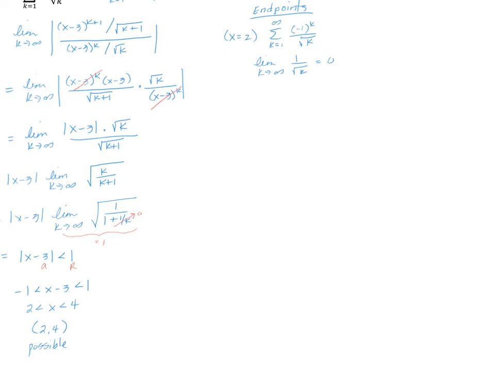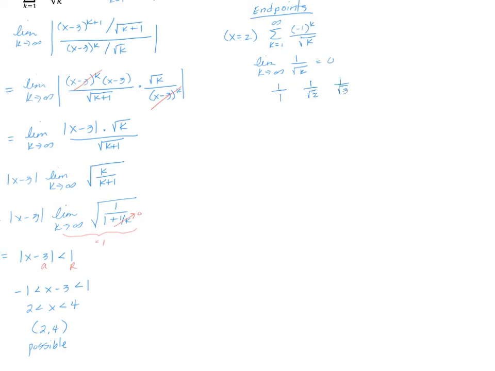So it meets one of the conditions for alternating series converging. The other condition is that I need to check to make sure that it's not an increasing series. When k is equal to 1, I'm at 1 over 1. When k is equal to 2, I'm at 1 over the square root of 2. When k is equal to 3, I'm at 1 over the square root of 3.